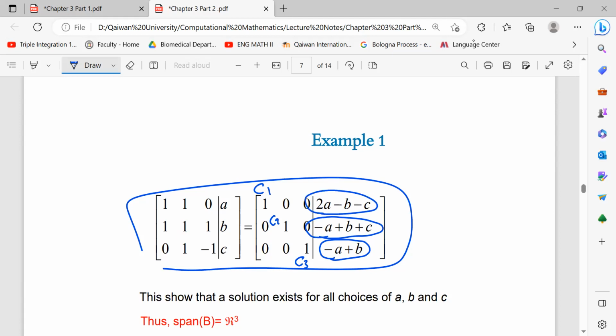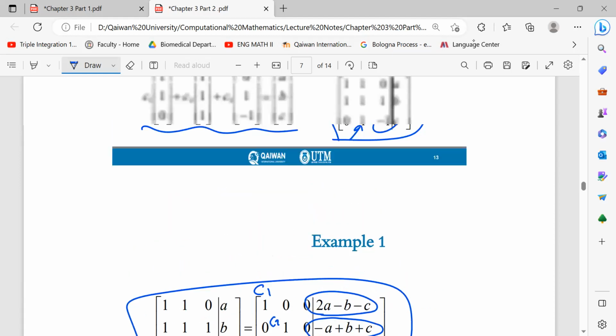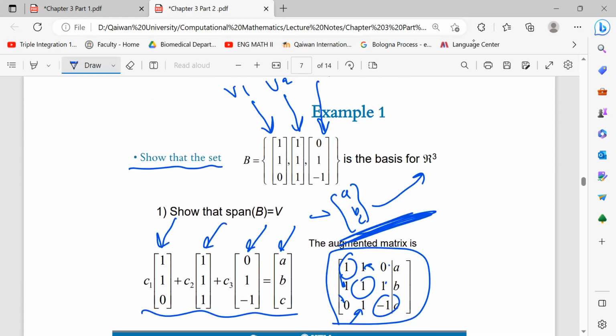As you see, we got 3 values for C1, C2, C3. That means we could write down vector ABC as the linear combination of these.